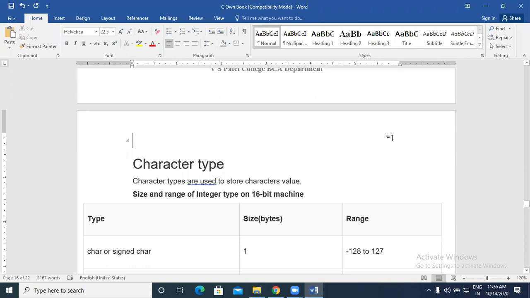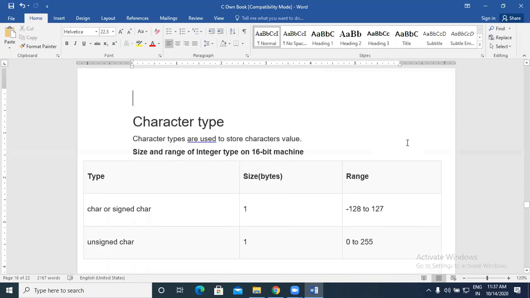Now character data types are considered single and multiple, right? Character types are used to store character values, only characters, small a to small z, capital A to capital Z, and symbols like dollar, @ sign, hash sign, percent sign, etc. We can use them as character data types, right?